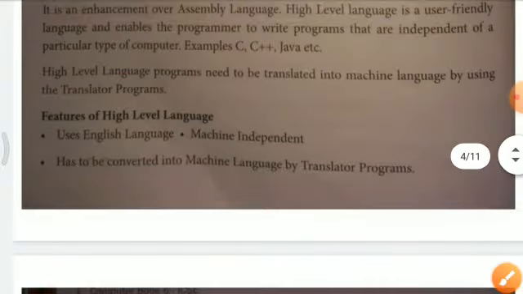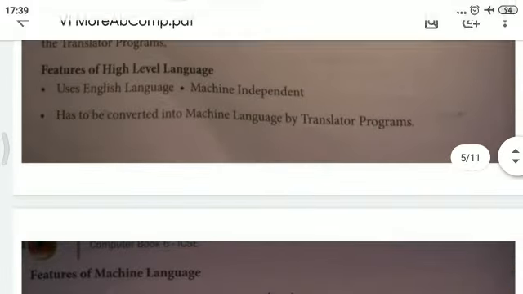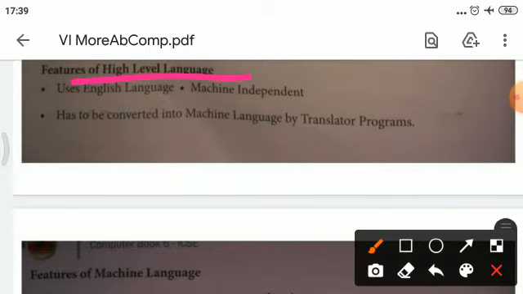And here we will talk about features of high level language. First, it uses English language. Second, the program written in the high level language is machine independent, meaning if a program is written in a high level language, it can be run on another computer system.